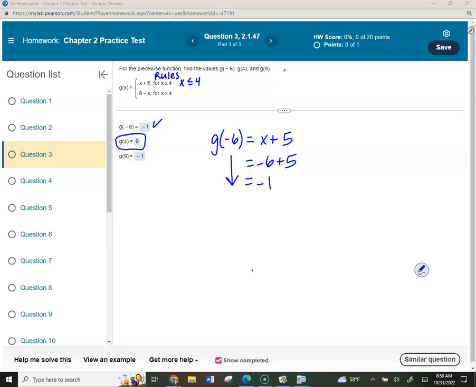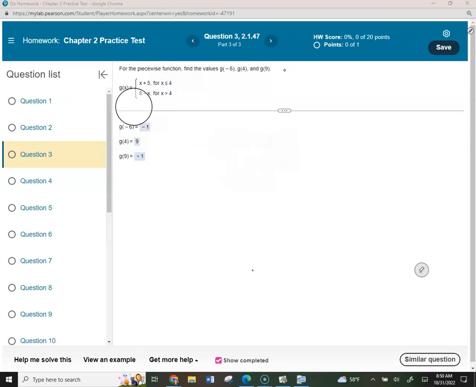It says when g is 4, plug the 4 in, focus on the or equal to, and that would be the very first one. So I would plug it into x plus 5, so 4 plus 5 is 9. Are there any other questions on this problem? Because there's no other parts to it. That's it. It's just now you plug in 9.